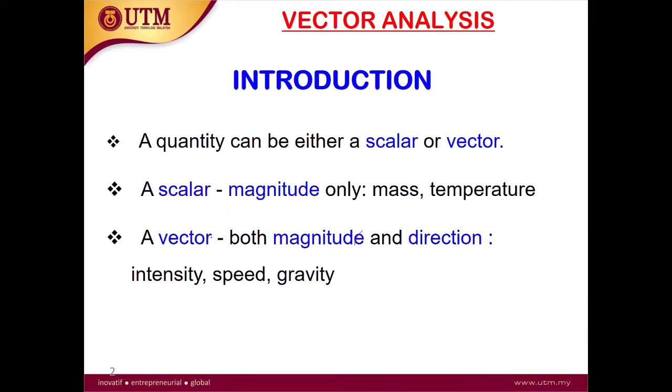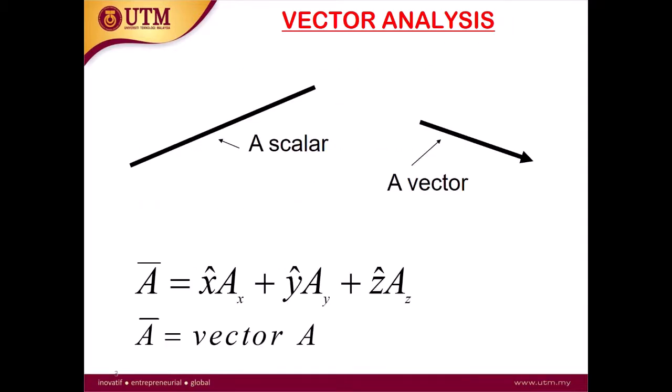While a vector has both magnitude and direction, for example, intensity, speed, as well as gravity. Let's say this thing has a magnitude, but it doesn't have any direction. So this is a scalar unit.